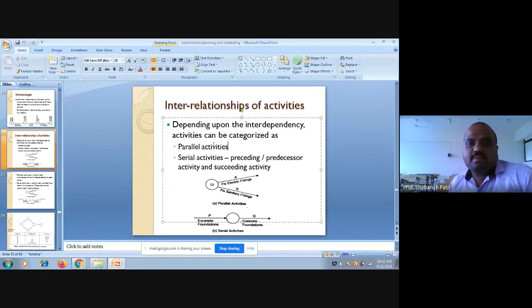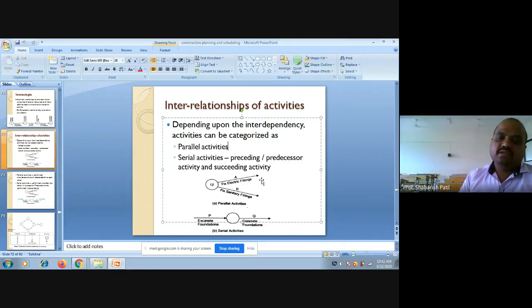Okay, coming to these parallel activities, the activities which can be started at the same time are called parallel activities. Now in the sketch here, activity A is fix the electric fittings and activity B is fix the sanitary fittings. These works can be started simultaneously. Okay, so these are called parallel activities. Activities A and B are called parallel activities because they can be started at the same time.